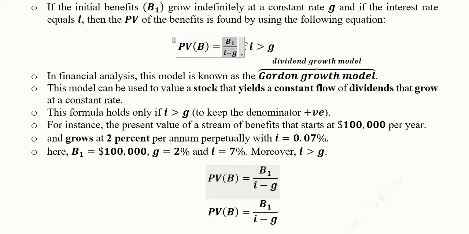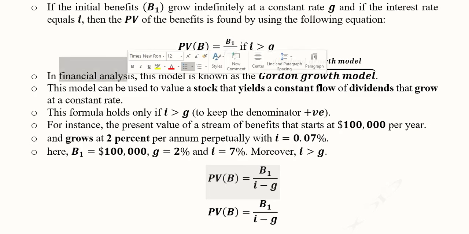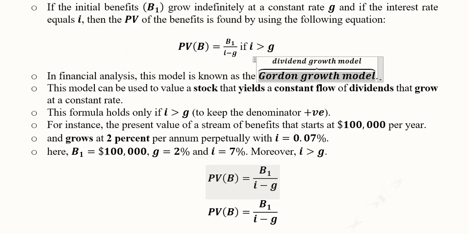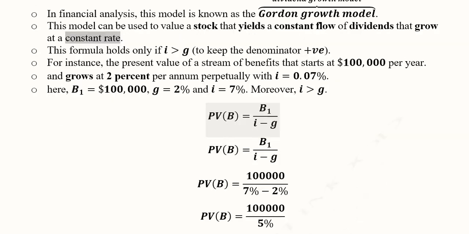And this tool can be applied in financial analysis, where it is known as the Gordon growth model, and it is applied on the dividends, because dividends, they can grow in a certain way, giving us annual returns with a growth or decline rate. So it's basically a kind of situation where the stock yields a constant flow of dividends that grow at a constant rate. And definitely we have seen this stipulation that I should be greater than G.